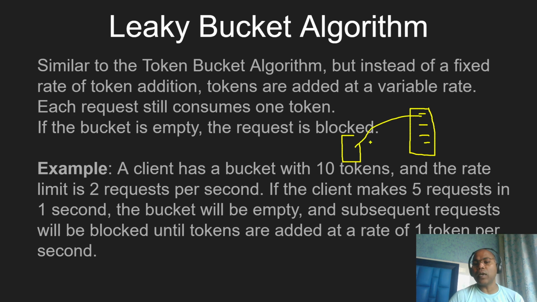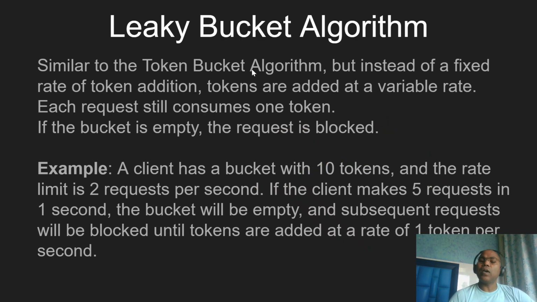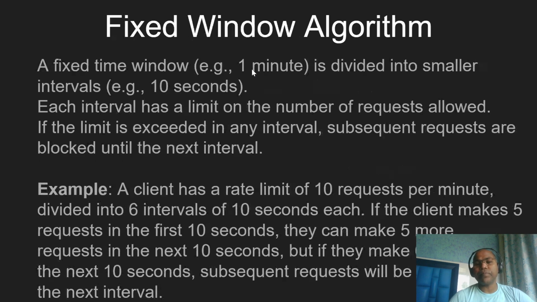So 2 tokens are added, and whenever 2 requests come in 1 second, they are allowed. If 3 or 4 requests come, the bucket will become empty and they are blocked. After 1 second, again 2 more tokens are added, and again 2 requests are allowed, and so on. So we have some kind of mathematical algorithm where we decide at which rate requests are allowed.